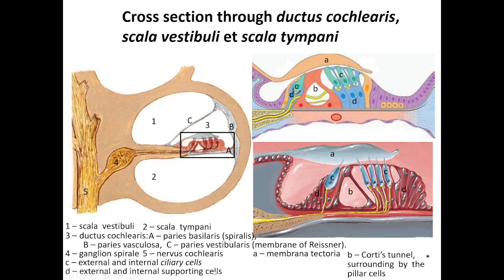So this is a scheme of receptors for the mechanism of hearing. The movement of the endolymph here results in the movements of the cilia, these very small hairs.